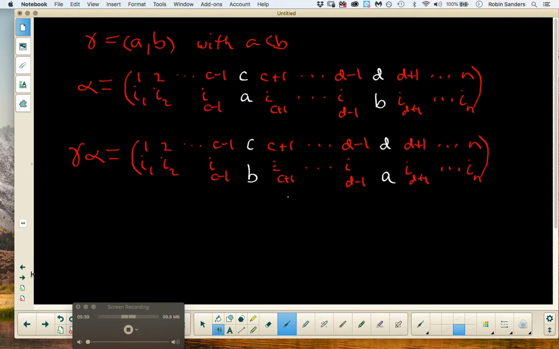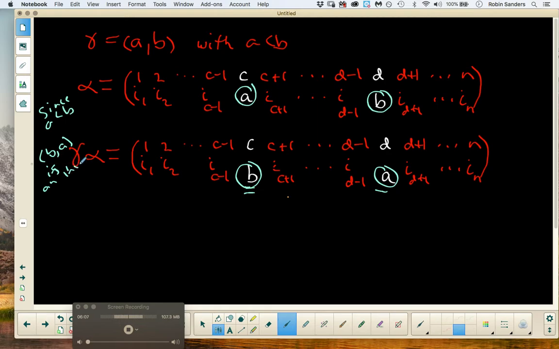We're now going to focus on inversions that involve at least one of these two. And we're going to note in passing that since we already know that A is less than B, the ordered pair BA is an inversion in first do alpha, then do gamma. So we're not even really going to worry too much about that one.